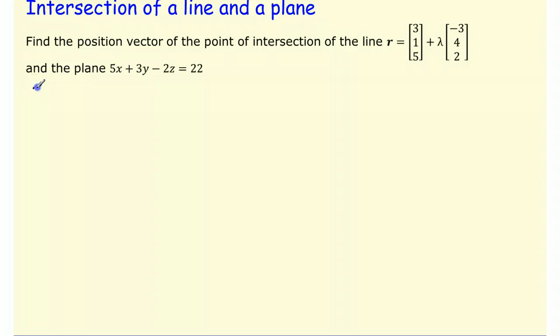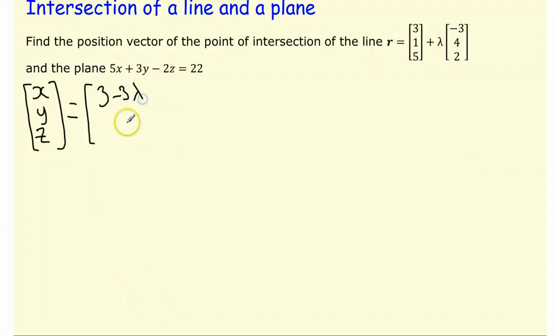So we're going to have (x, y, z) equal to (3 take away 3 lambda, 1 plus 4 lambda, 5 plus 2 lambda). Okay, so our x component is equal to that there, our y component is equal to that, and our z component is equal to that.